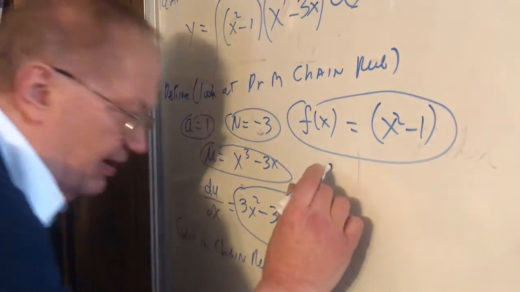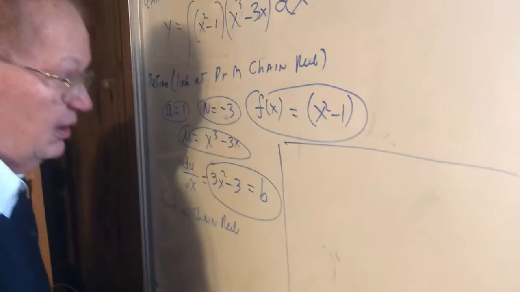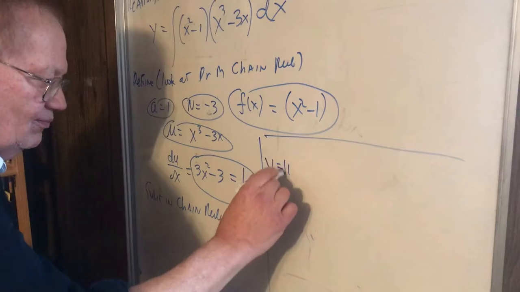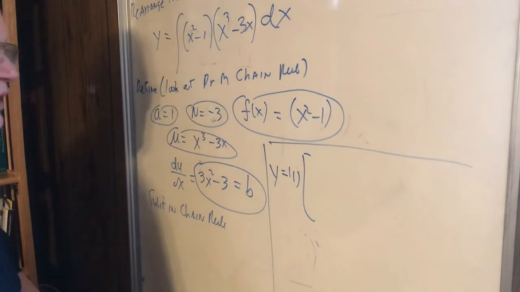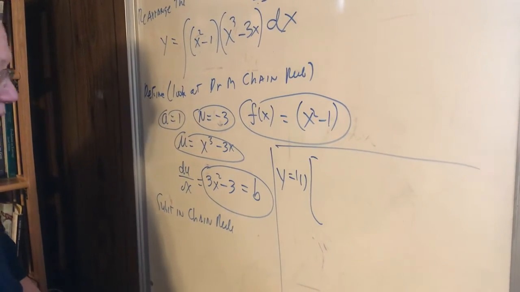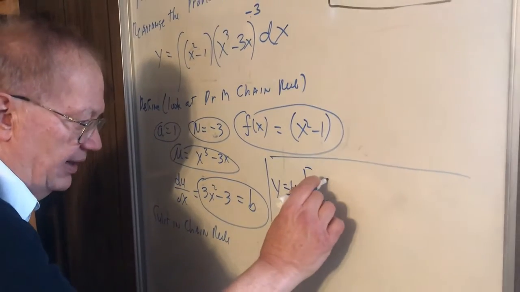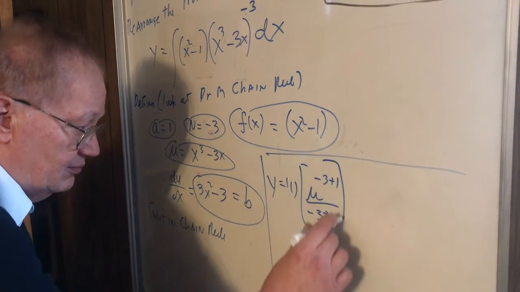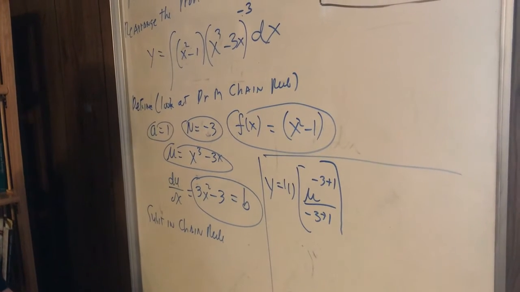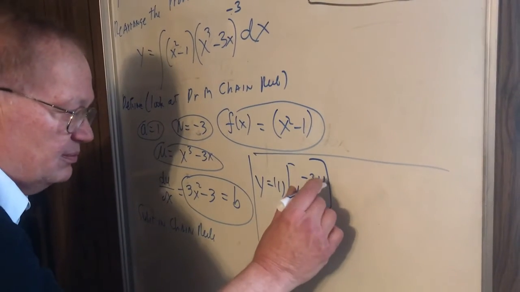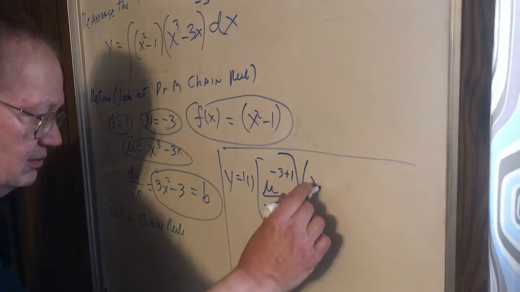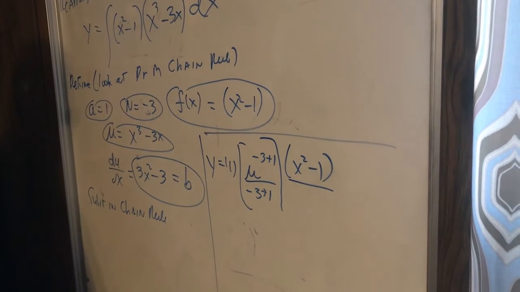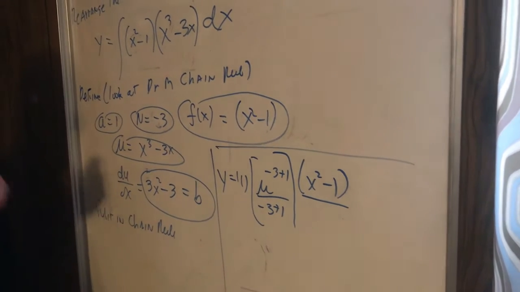So what am I going to get here? I'm going to do this over here. I'm going to say y equals, a is 1, right? u to the n minus 1, u minus 3 plus 1. f of x is x squared minus 1, divided by b, which is 3x squared minus... this should be a 3, shouldn't it?